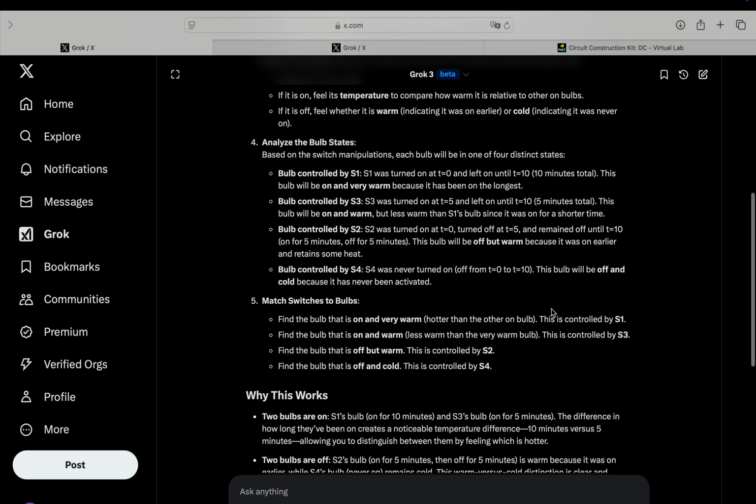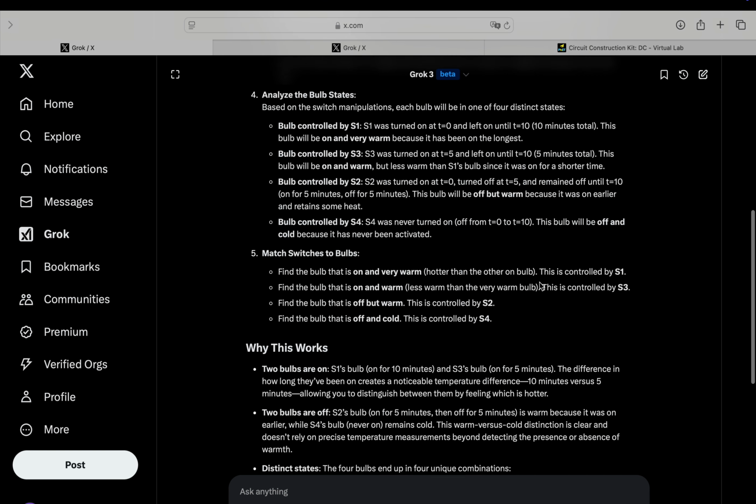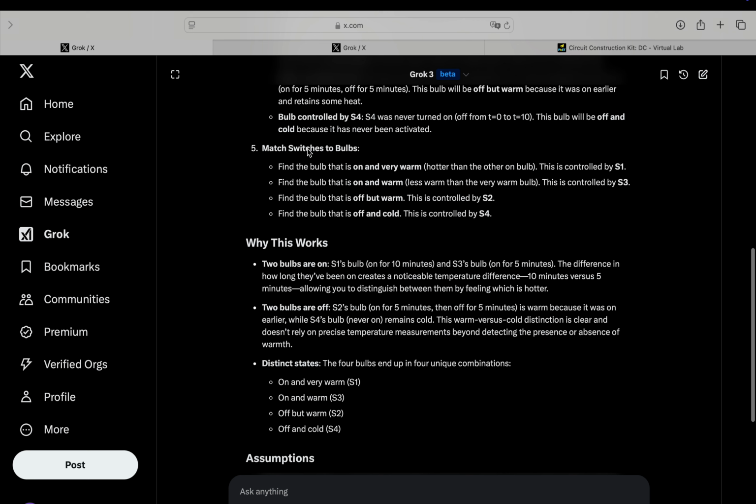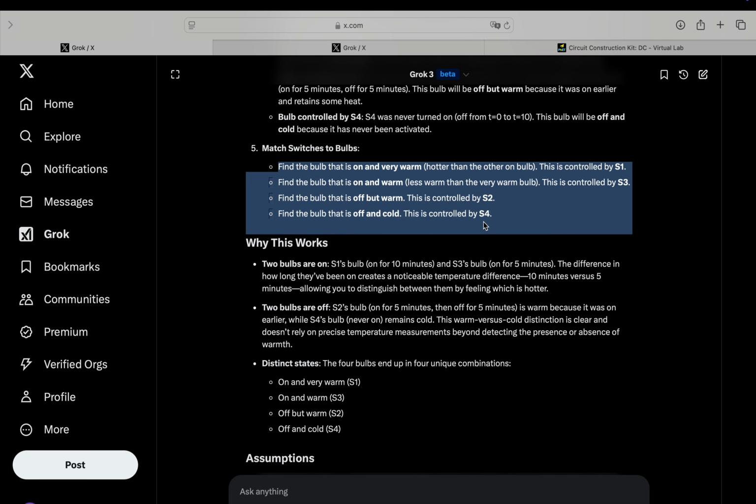Excellent. So the bulb controlled by S4: S4 was never turned on, so it has no signal at all. Like I mentioned previously, the signals are the visual signal and the thermal signal. Okay, so it matches our solution.